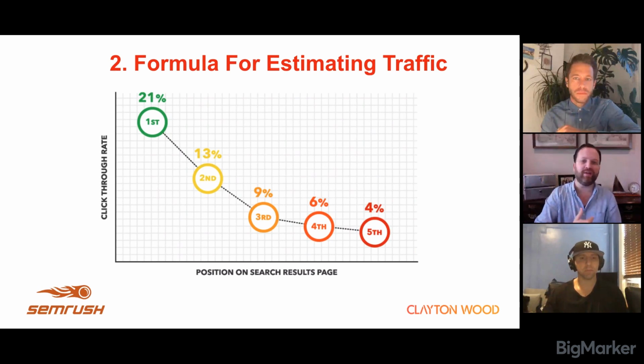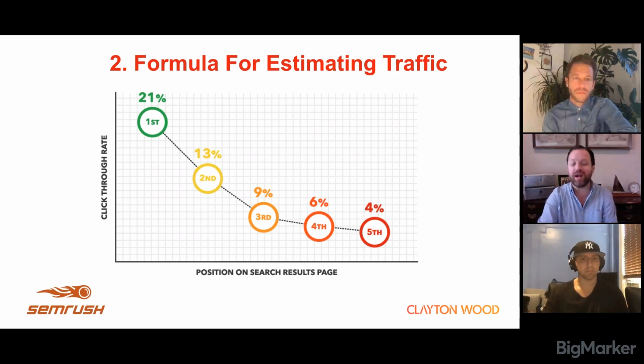So if there are 10,000 monthly searches for a particular term and you're ranked number one, you're possible to get 21% of the clicks from that 10,000 monthly searches. Number two is 13% of that. So you just take the amount of search volume and then take the percentage of whatever you're ranked at. And that's how you can guesstimate search traffic or what the opportunity is.